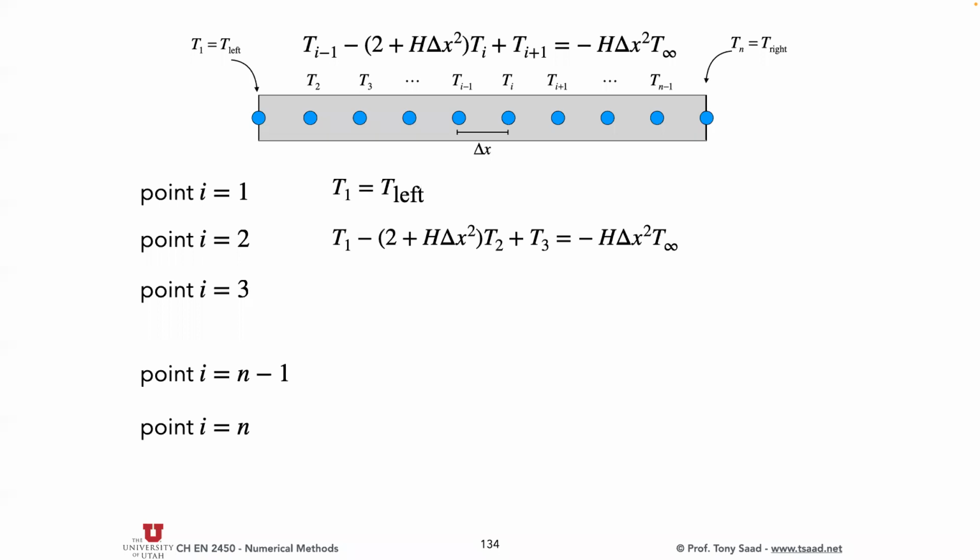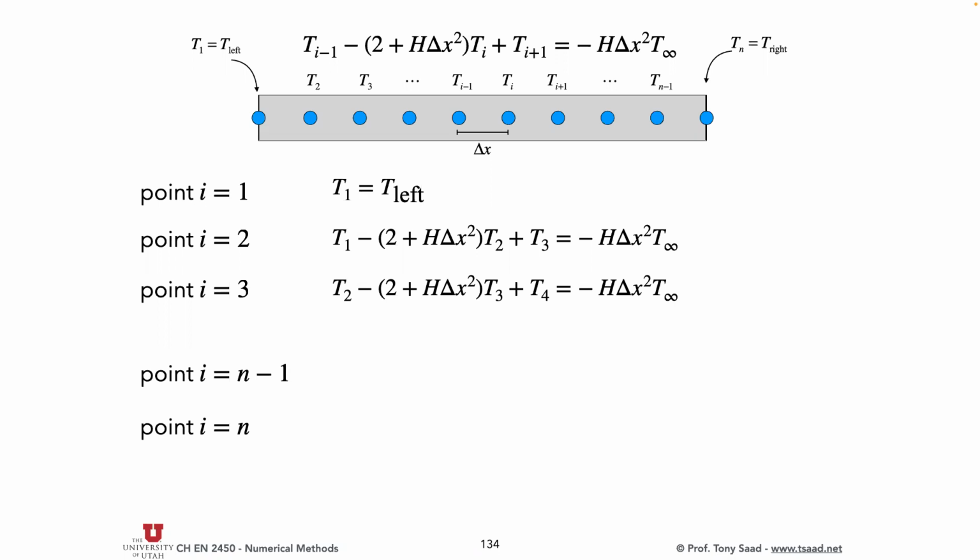Now at point 2, you simply substitute i with the value 2. So you get T1 minus coefficient times T2 plus T3 equals something. At point 3, you get the same thing. You get T2, T3 and T4. So now you're starting to see, you know T1, but in the second equation, you have 2 more unknowns, T2 and T3.